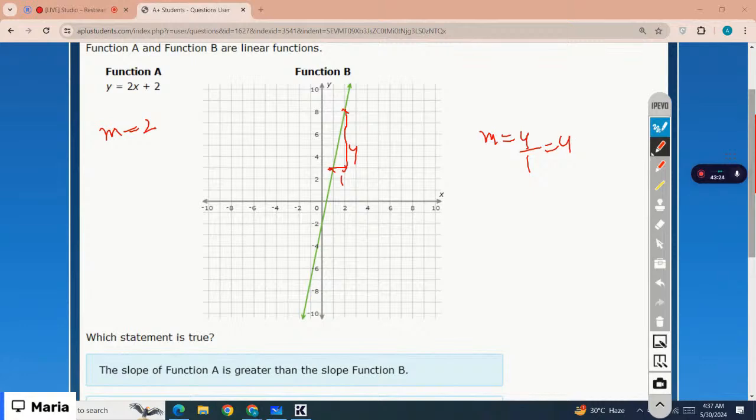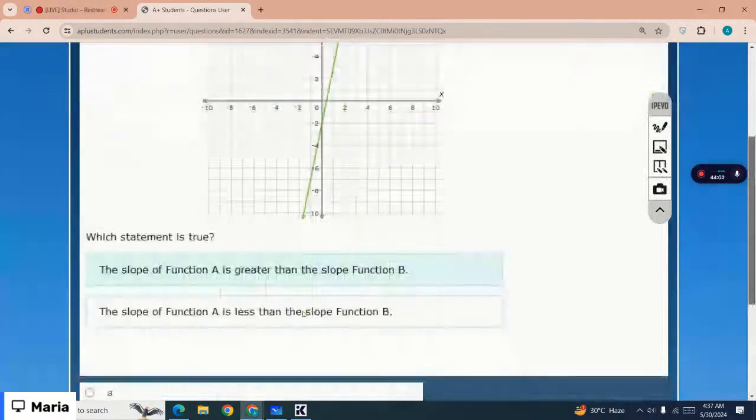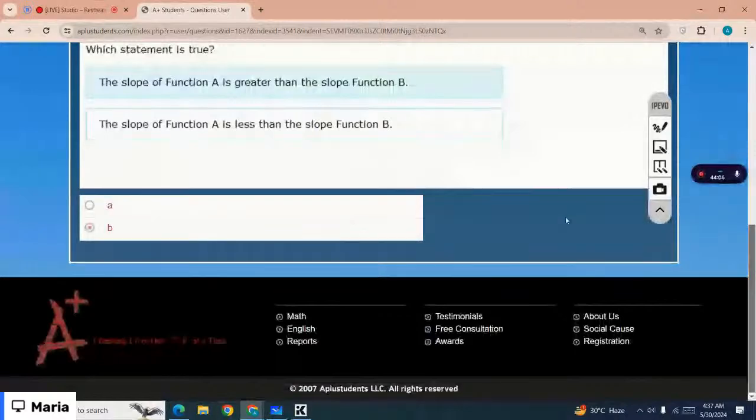So that means the slope of function A is less than slope of function B. Got it? The correct option is slope of function A is less than slope of function B. Option number B is the correct option.